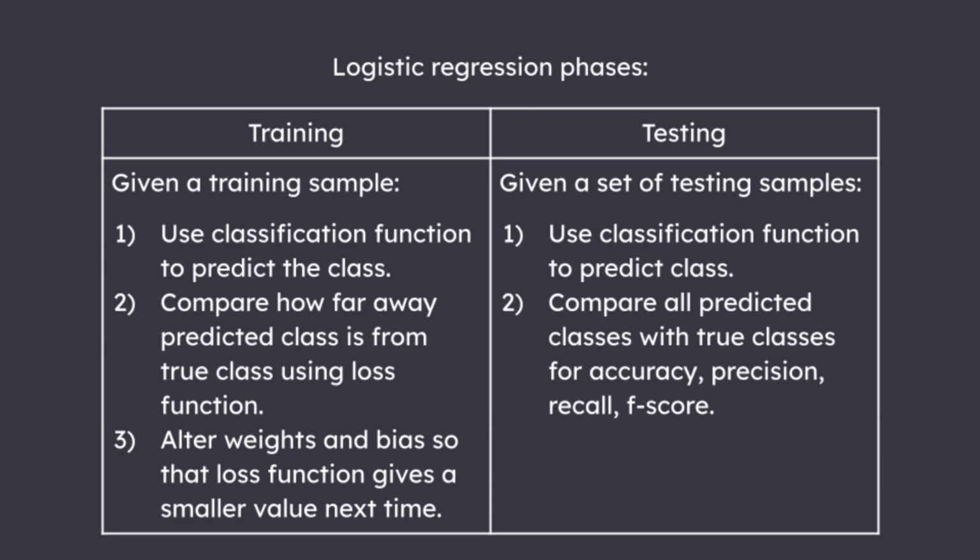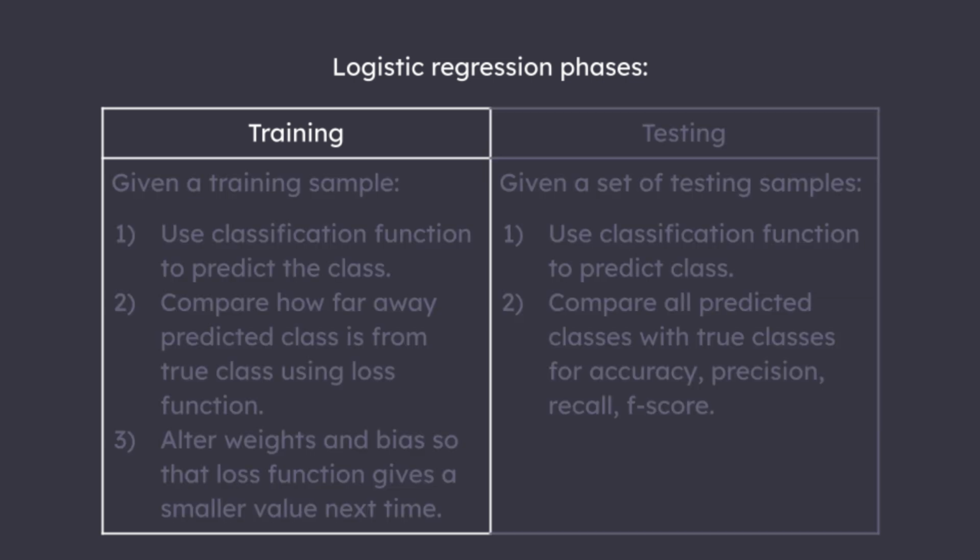Logistic regression has two phases, training and testing. Here are the steps for training logistic regression. Given a training sample, which contains one vector of features x and a true class y for that vector, we apply the classification function to predict the class associated with x.